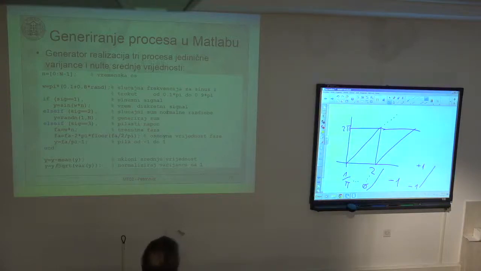Then after that, I remove the mean value of the signal, and I normalize the signal such that it always has unit variance. In MATLAB, it can be done with this expression. To remove the mean, I say simply y is y minus mean of y. After this command, y has 0 mean. And with the second command, I divide the signal by the square root of the variance.